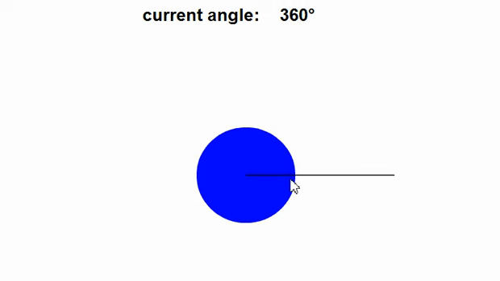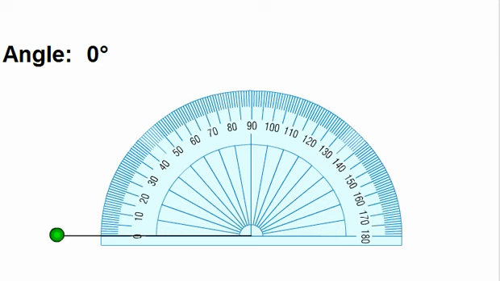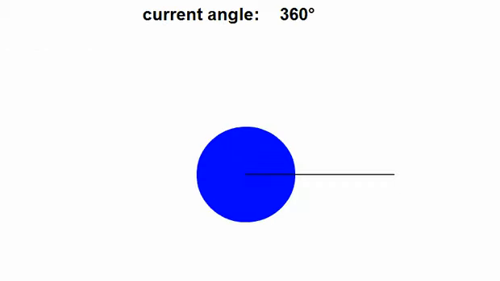If you remember, when we started at 0 degrees, we said that this angle is 0 degrees. And of course, this angle here is 0 and at the same time 360 degrees.